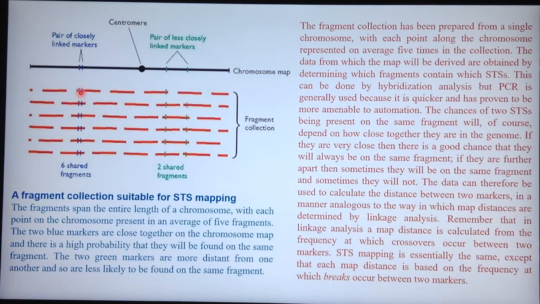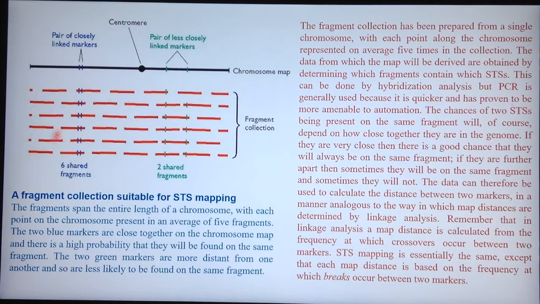So, the more closely the markers are located, the more chances are that they will be retained on the same fragment during the fragmentation pattern. The data can be helpful to calculate the distance between two markers in a manner which is analogous to the way in which map distances are determined by linkage analysis.